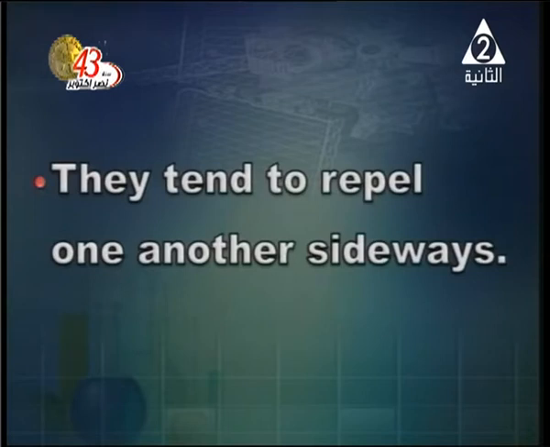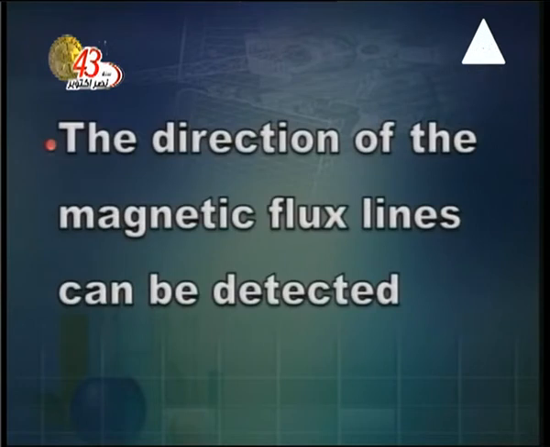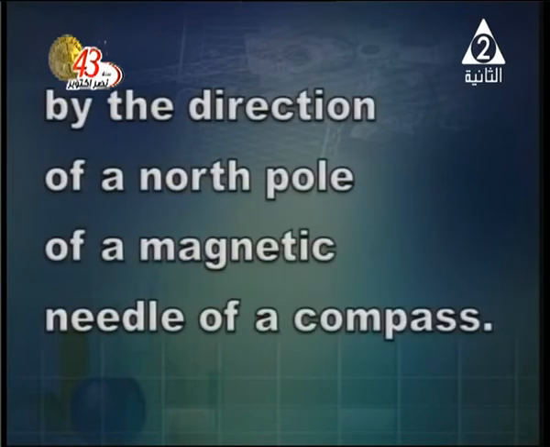They tend to repel one another sideways. The direction of the magnetic flux lines can be detected by the direction of the north pole of a magnetic needle of a compass.